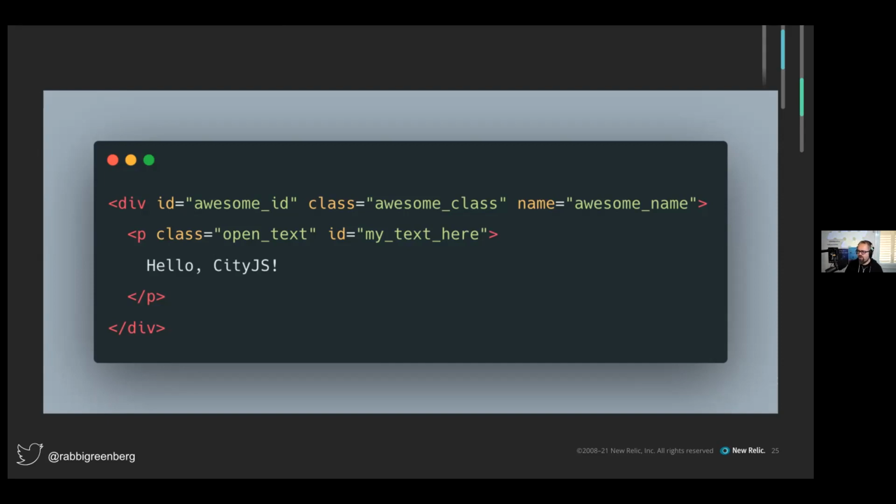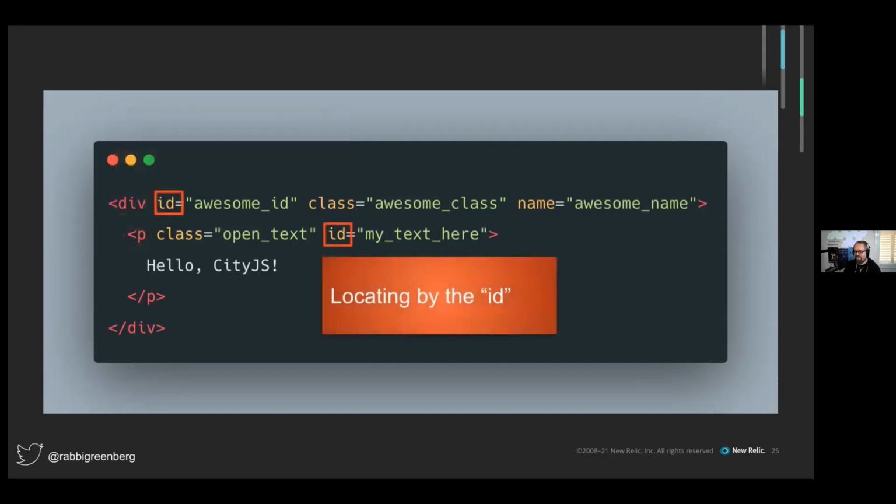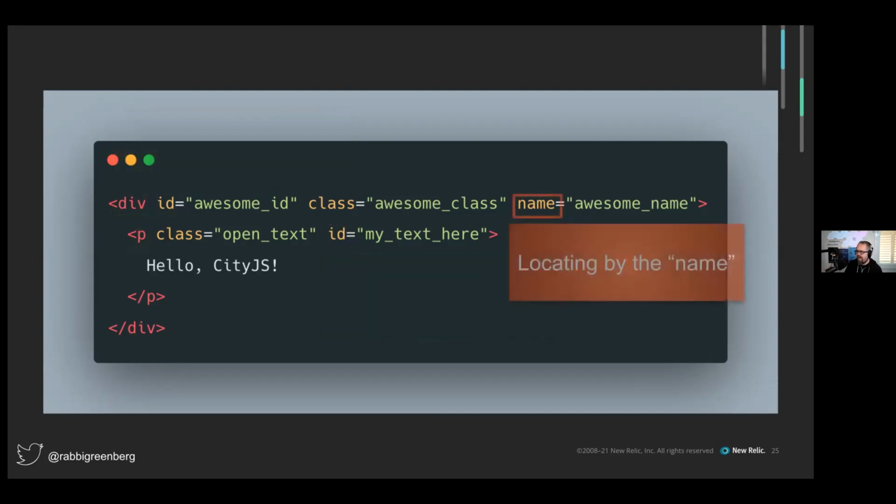Okay, so the places you may find and use different locators to find things in this sample HTML might be the tags. You have a div tag and a p tag, and you can use Selenium WebDriver to identify the elements by those tags. You also have the ID, so you can use the ID names to find the div, awesome ID, or the ID of my text here for the p tag. You also have the name: the div has a name, awesome name, which you can use to find that div on the DOM.